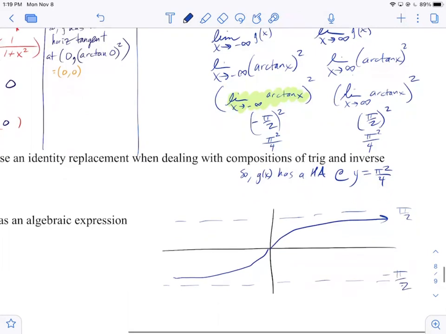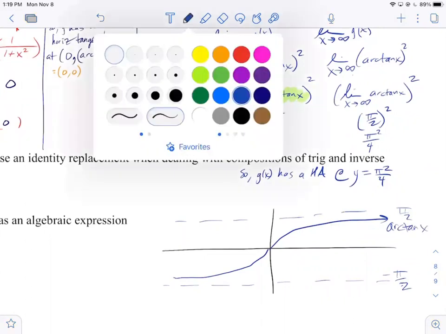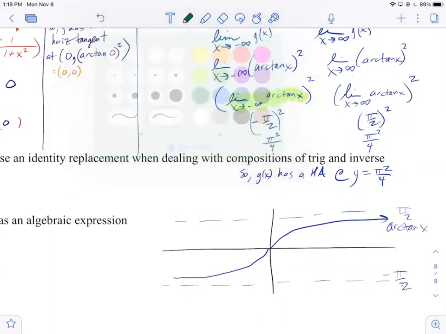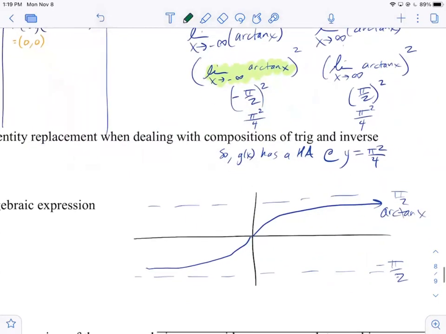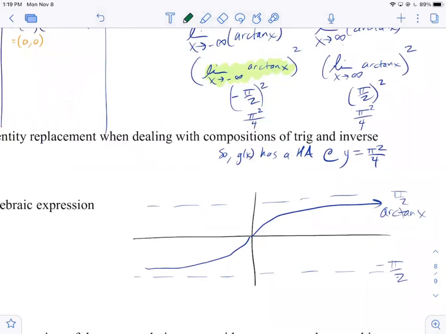If I were to square all those y values, this is arctangent of x. If I were to square all those y values, what would happen to them? Well, let's think about pi halves. Is pi halves bigger than 1 or smaller than 1? It's bigger than 1, right? So 1 might be somewhere in here, and negative 1 might be somewhere in there.